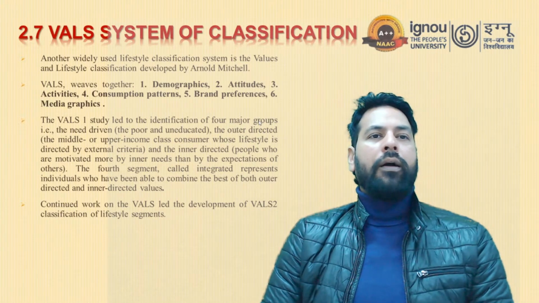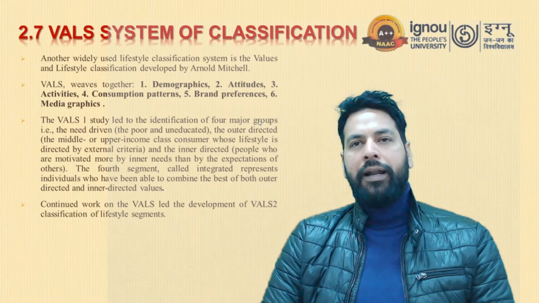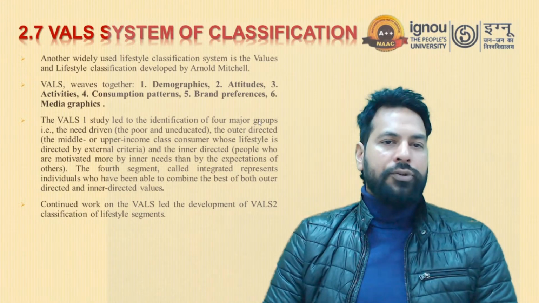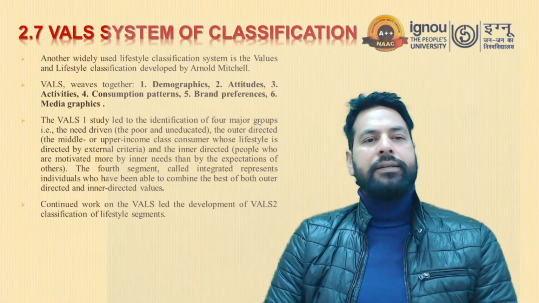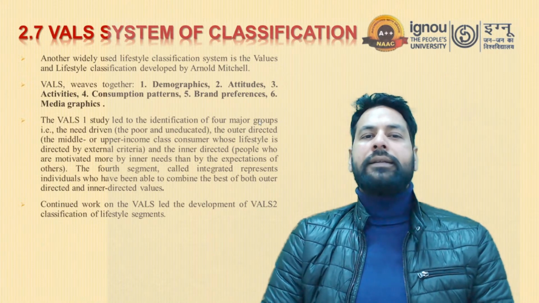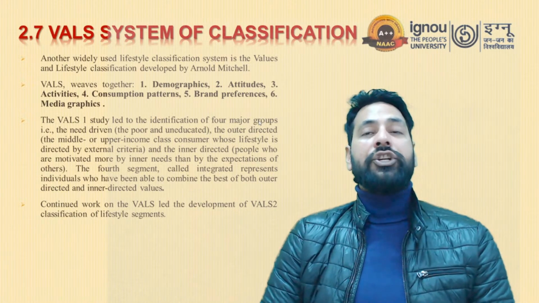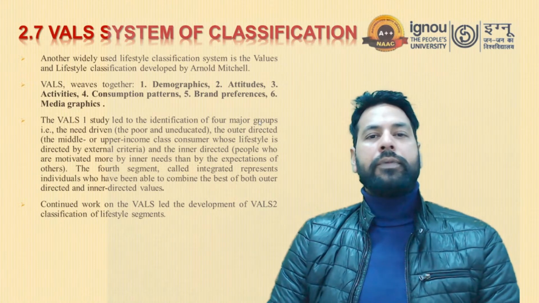So we spoke about AIO, which gives me an idea as far as the marketeer is concerned. VALS also talks about the six ingredients which are important. And VALS has led to the identification of four major groups, as you can see on your screen.